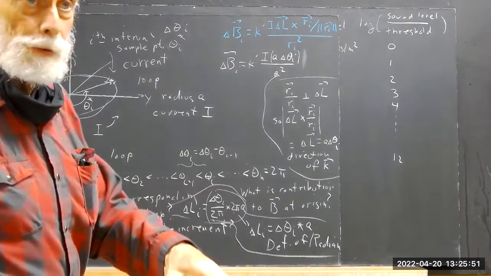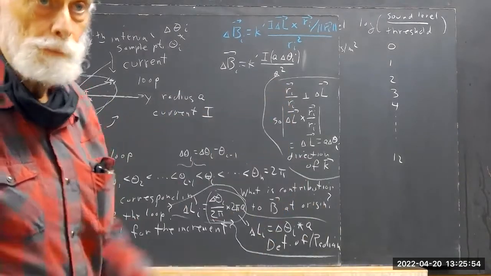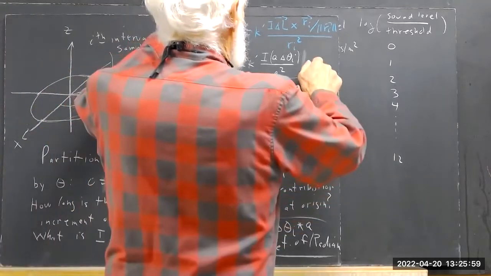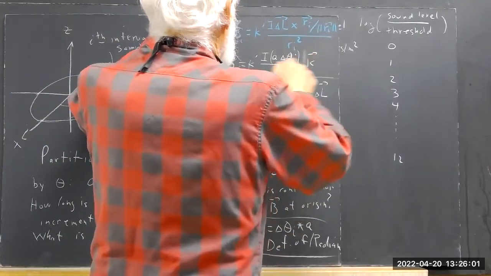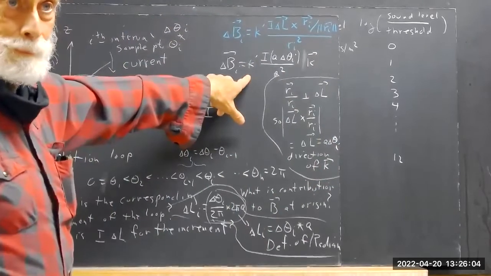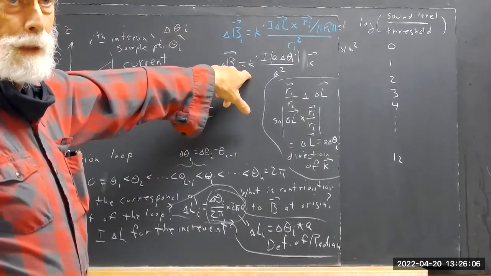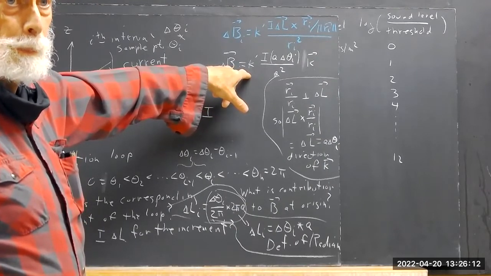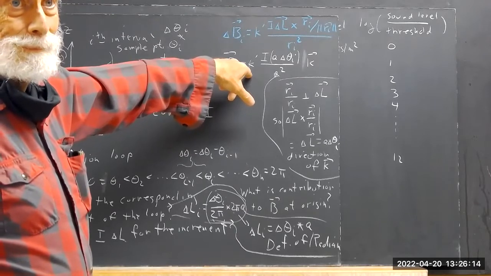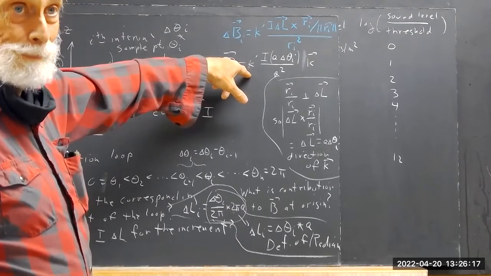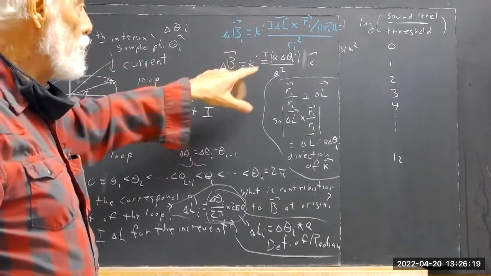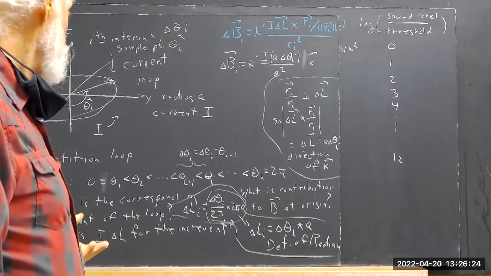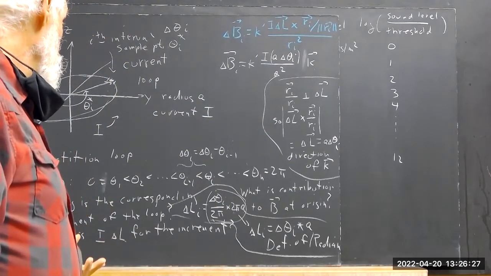And again, everybody understands that because your right-hand rule was right on when we did this in the real world. So this is times K. Now this K is not related to K prime. K prime is related to mu naught, and K prime is a lot easier number to remember than mu naught. It has magnitude 10 to the negative 7th in the units that give you force units when you multiply it by current.